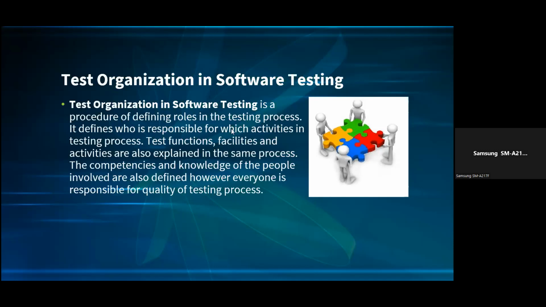The competencies and knowledge of the people involved are also defined. However, everyone is responsible for the quality of the testing process. We are all involved in it, because it's a role.